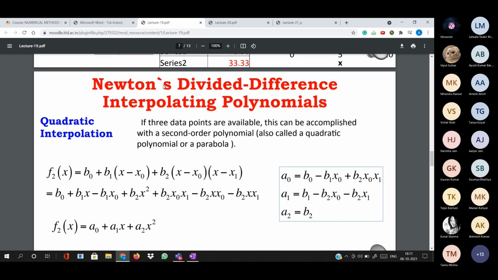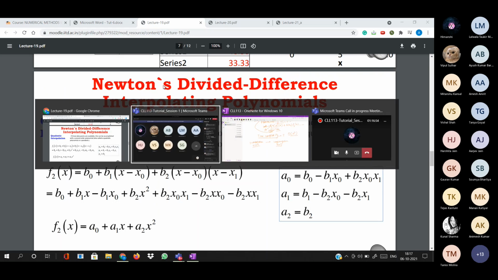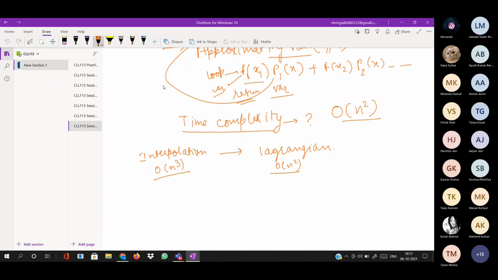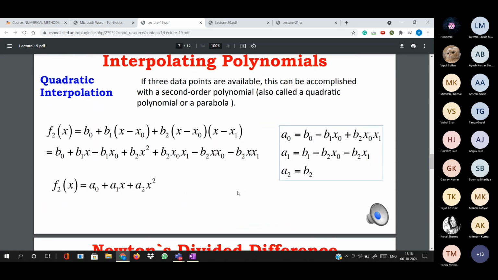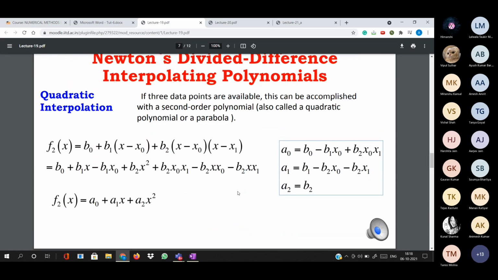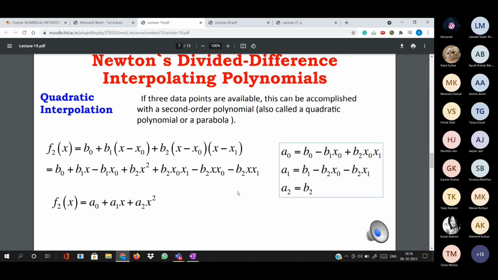So the degree will not differ in any of the three methods. Let's make it clear that in Newton's difference method also, the thing will not differ.